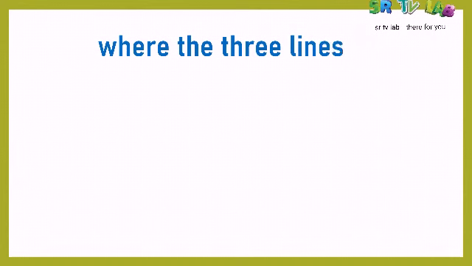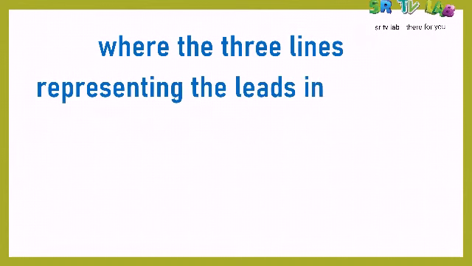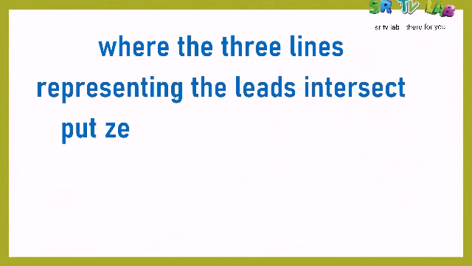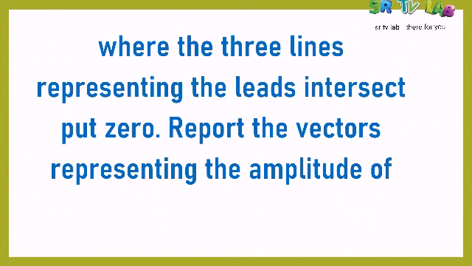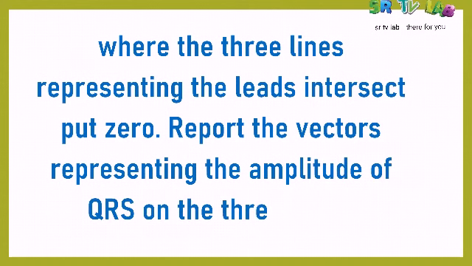Good. Where are the three lines? A line is representing what? Representing the leads. Where those lines intersect, put 0. Then report the vectors representing the amplitudes of QRS on the 3 axes. Is that clear? The lines representing the unipolar or augmented limb leads intersect.